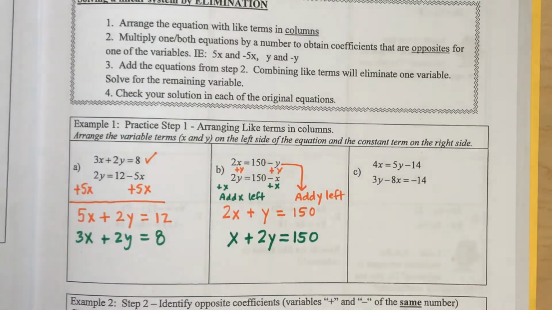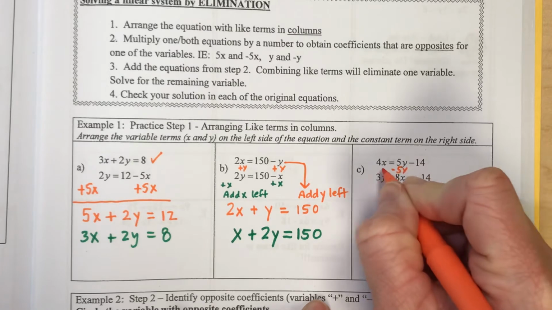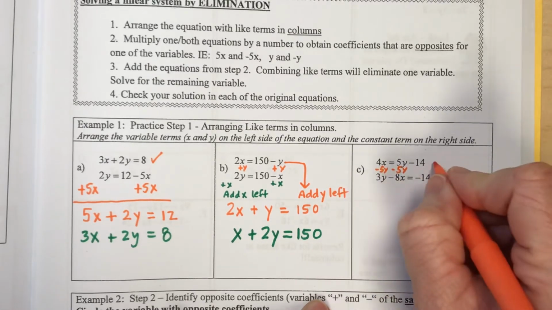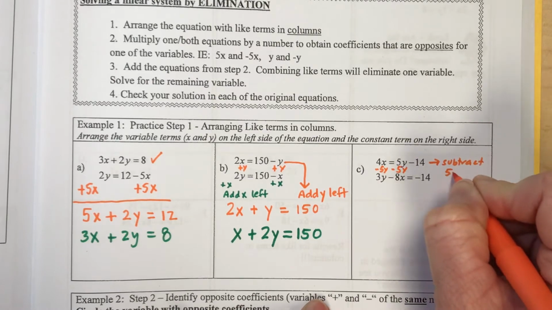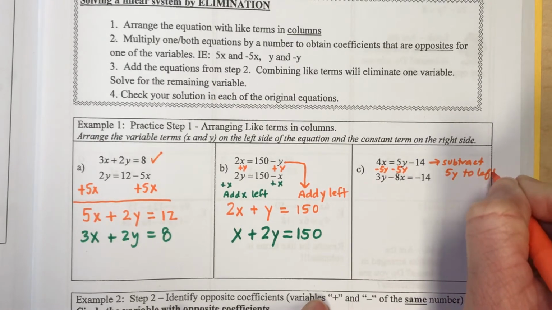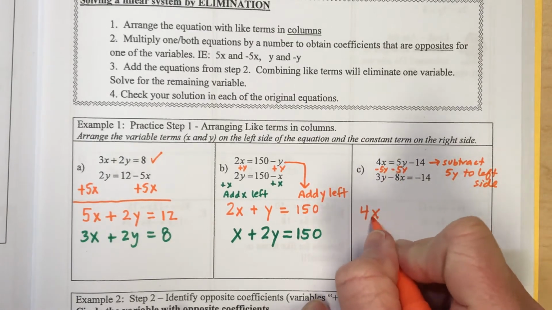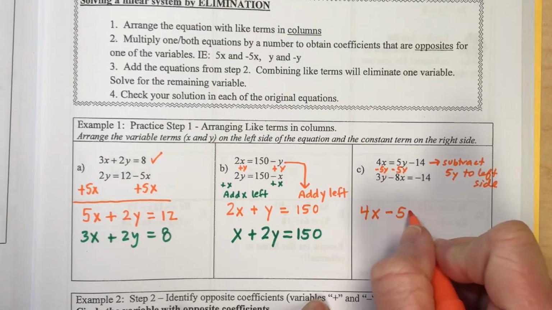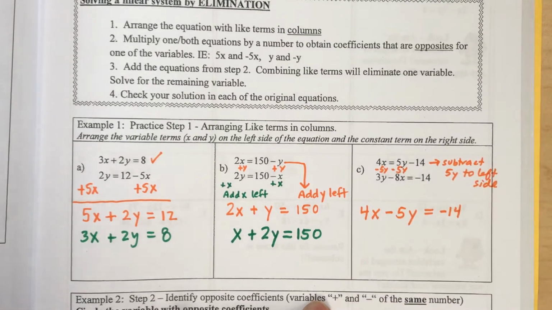And then for the last one, just rearranging your terms so that they go in standard form order. For this one here, I'm going to subtract my 5y to the left side. So if I subtract it, I'll start with my x term, followed by my subtracted y term, equal to the number negative 14 that was on the right side.